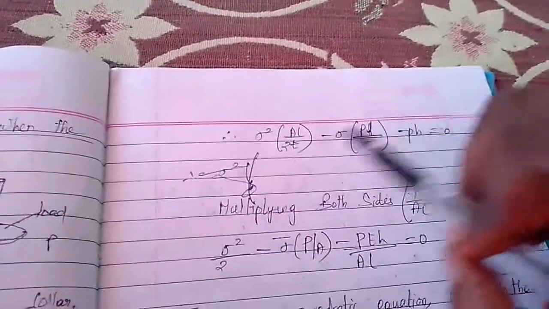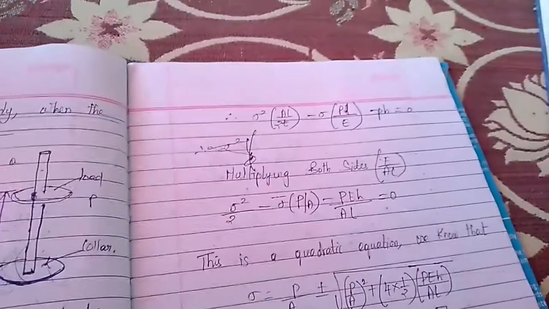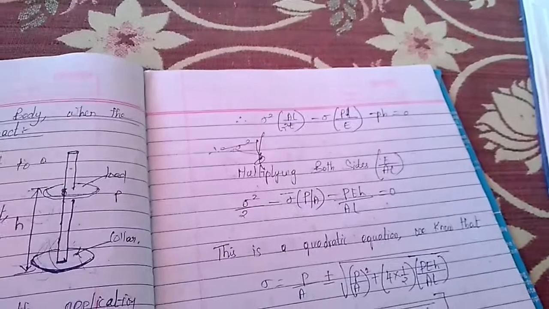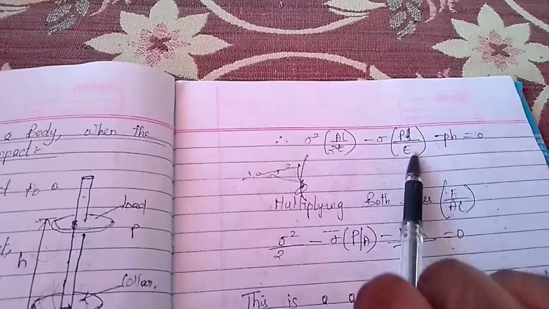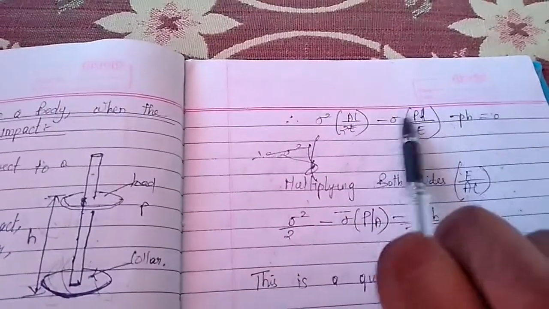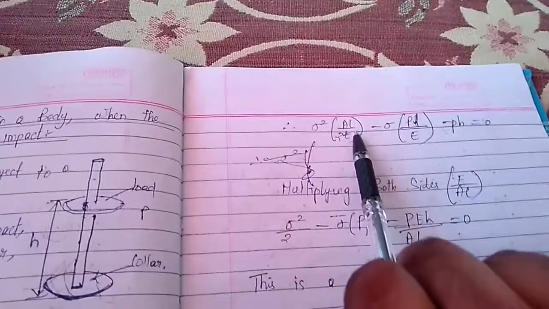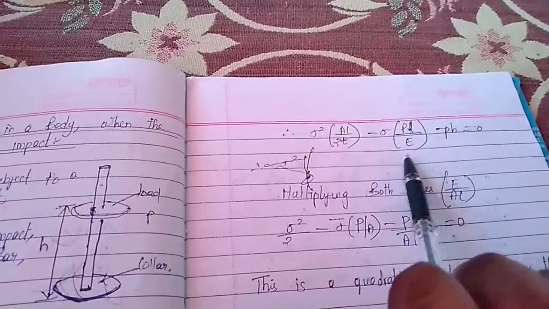So if you take all to the left hand side and make the right hand side 0, now you have to eliminate the common terms. L by E is a common term, and area is also common. Area, L and E are constant everywhere, so you can eliminate them.